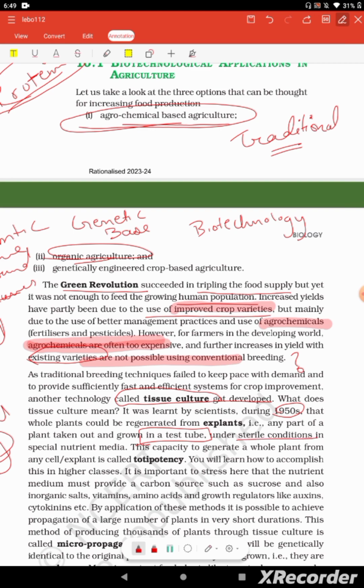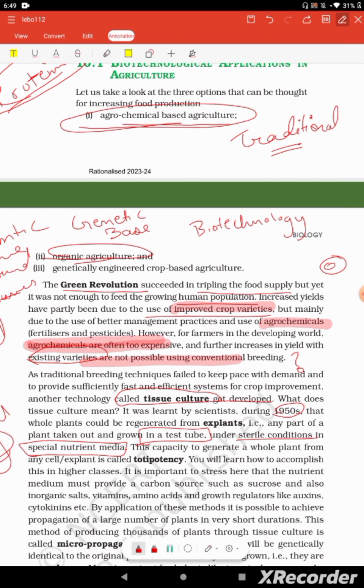The media are taken with a good amount of nutrients which are required for the growth of the tissues. Now the tissues are cultured so many times that they can produce a new plant. If you are growing a plant you need a seed or any vegetative part to develop into a new plant, but here you are taking only a cell or a tissue to convert that tissue or cell into a new plant.